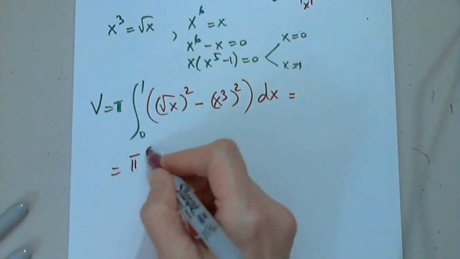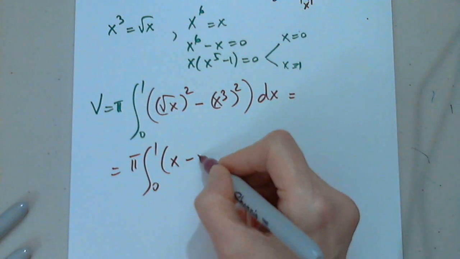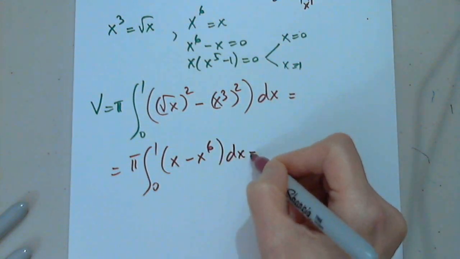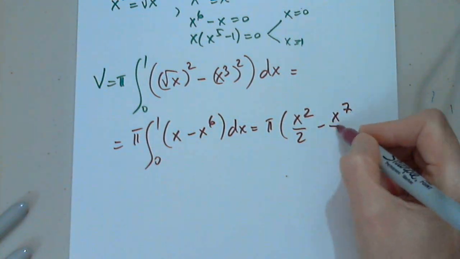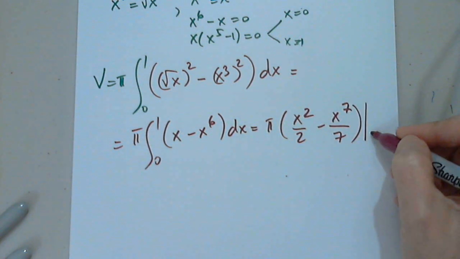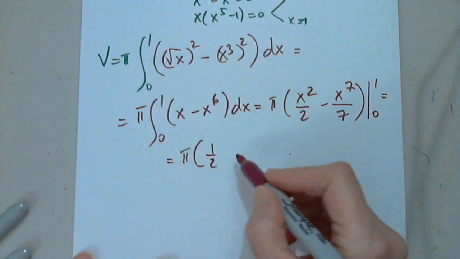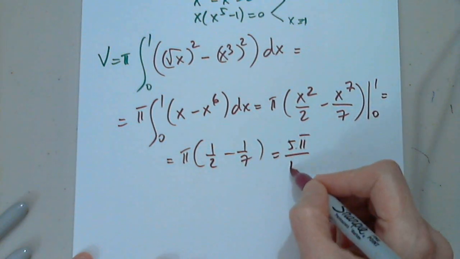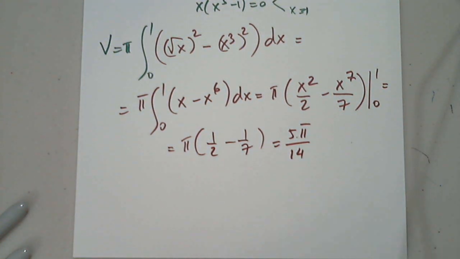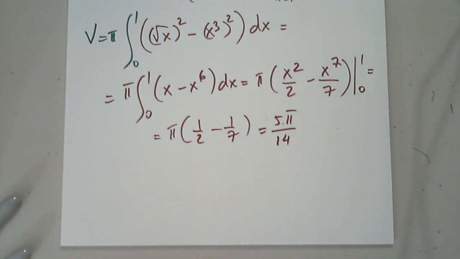From this moment on, we have pi, the integral from 0 to 1 of x minus x to the 6th dx, which is pi times x squared over 2 minus x to the 7th over 7 from 0 to 1, luckily only from 0 to 1. So pi times 1/2 minus 1/7, 7 minus 2, so 5 pi over 14. Okay, I think we should look at one more.